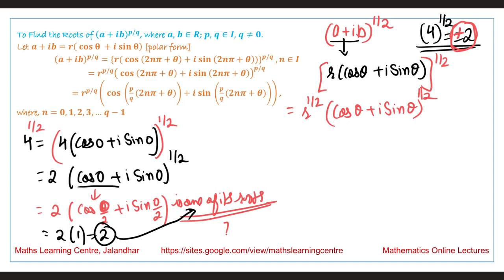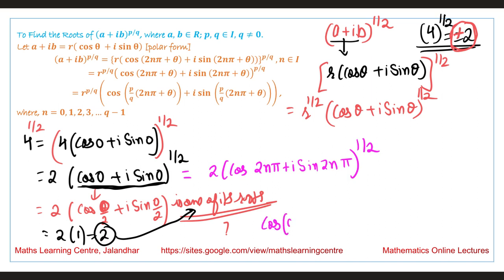If we look at this number, the angle we are talking about, theta is equal to 0. We can write this as 2 times cos of 2n pi plus iota sin of 2n pi, raised to the power 1 by 2, because cos of theta is equal to cos of 2n pi plus theta, and sine of theta is equal to sine of 2n pi plus theta.